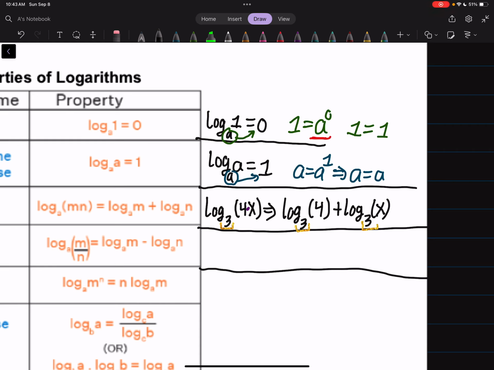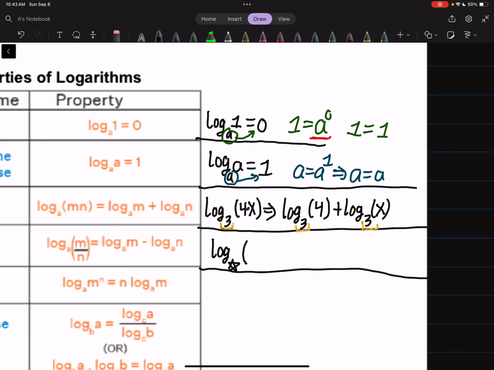This is your quotient rule. Log base a. All right, I'm going to put a different number here. I'm going to just put a base of star. Why? No reason, just because I can. Doesn't matter what the number is. Whatever you want to put, you can write down. All right.